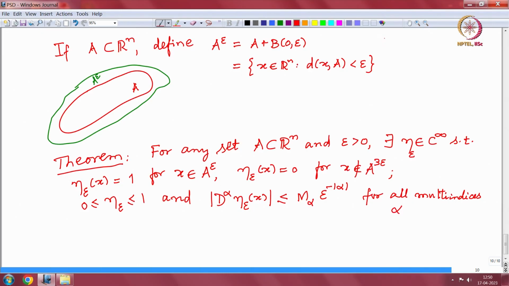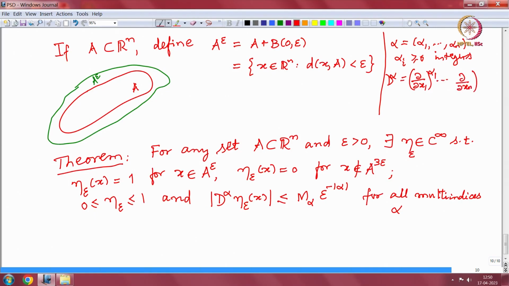A multi index is an n tuple, alpha 1 to alpha n, and the alpha i's are always non-negative integers. And d alpha is d by dx1 to the alpha 1, etc., d by dxn to the alpha n. So, these are partial derivatives.